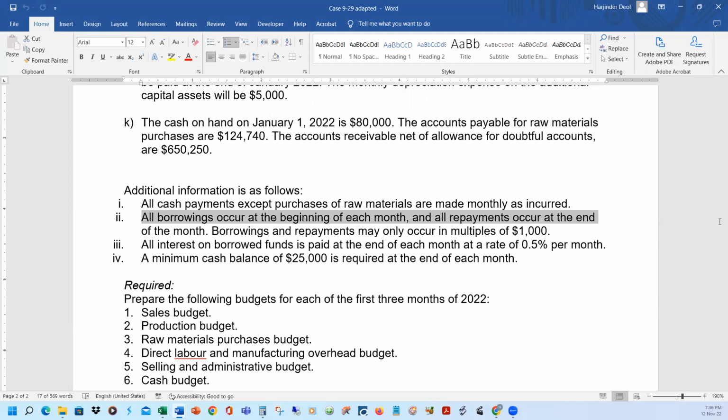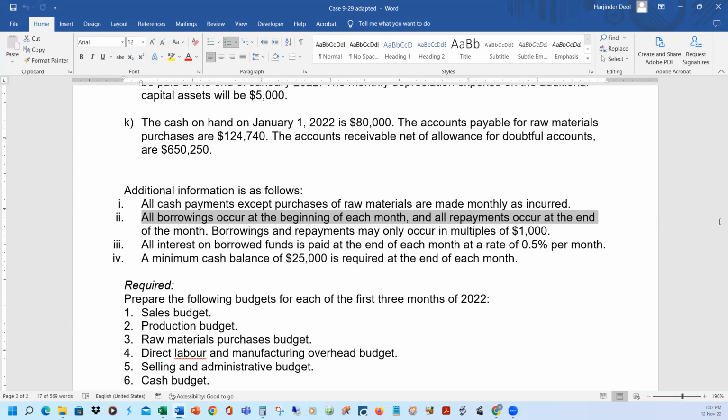We are forcing all borrowings to occur at the start of each month, and all repayments, if they were to occur, will happen at the end of the month. This is not reflective of real life, because in real life, cash inflows and outflows can happen anytime.